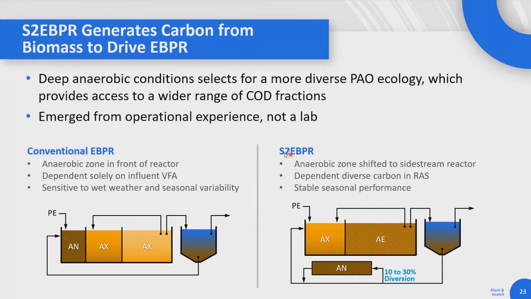With S2EBPR, like James showed, we've moved this anaerobic zone potentially to the side stream. We're diverting a portion of our RAS, and in the purest form of S2EBPR, which is RAS fermentation, we're really using the COD that's stored in our biomass to create VFA in the side stream, and essentially store PHA in our cells in the side stream reactor.